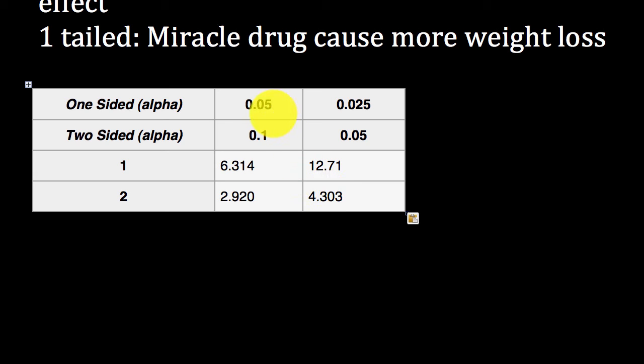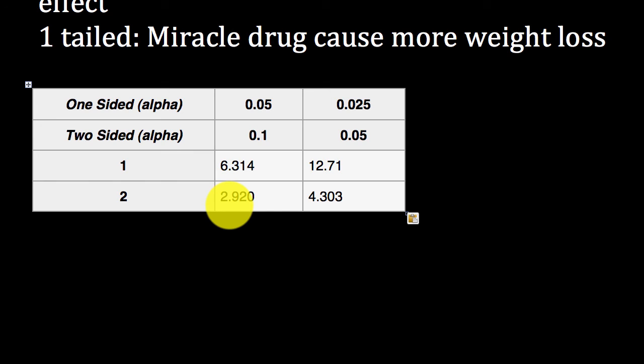For a one-sided alpha of 0.05 with 2 degrees of freedom, we would only need a t-statistic of 2.92 to reject the null hypothesis, which makes it easier to reject the null hypothesis using an alpha of 0.05.